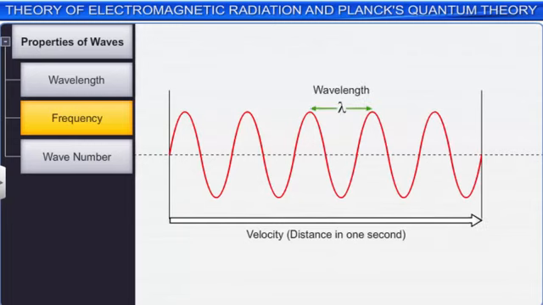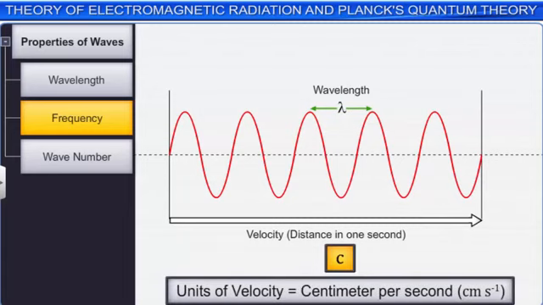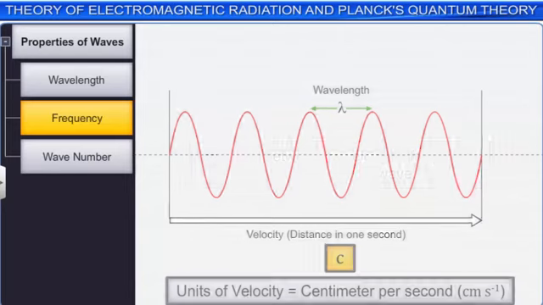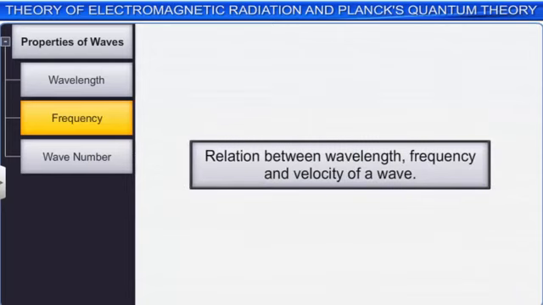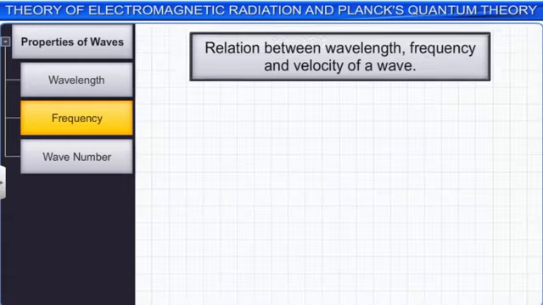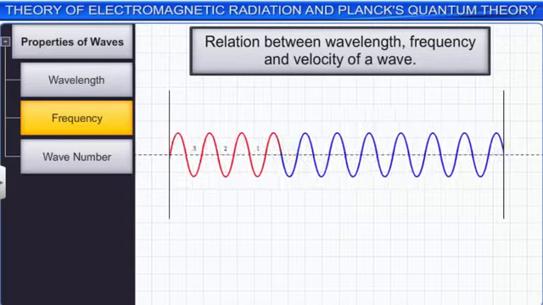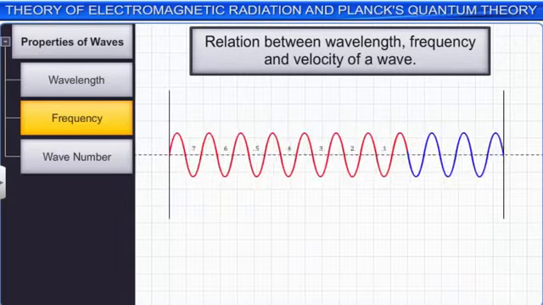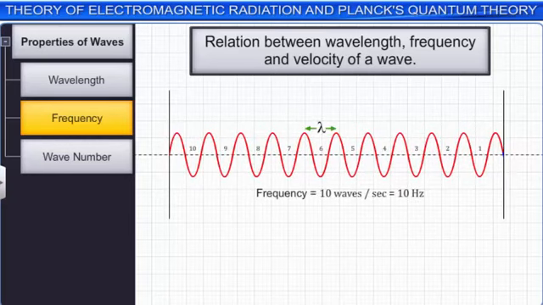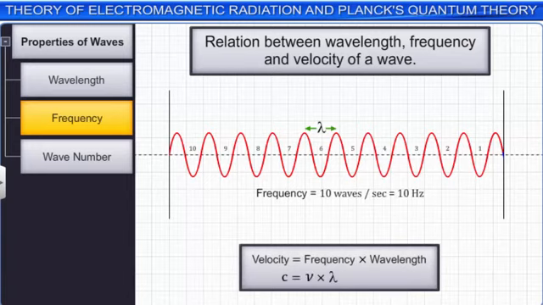Velocity is denoted by c and is expressed in centimeter per second. Let's now understand the relationship between the wavelength, frequency, and velocity of a wave. As frequency is the number of waves passing through a point per second, and wavelength is the length of each wave, their product will give the velocity of the wave.